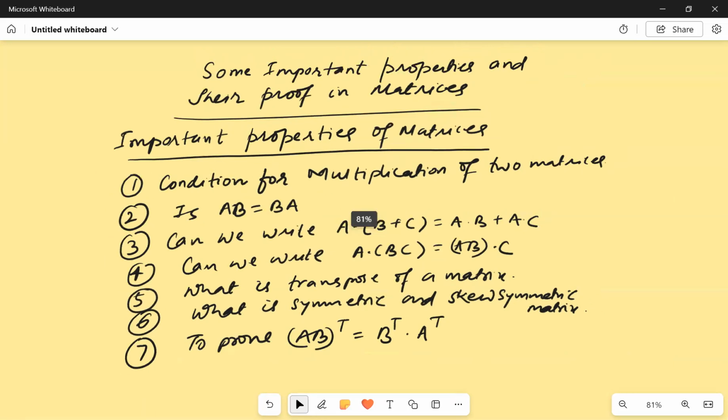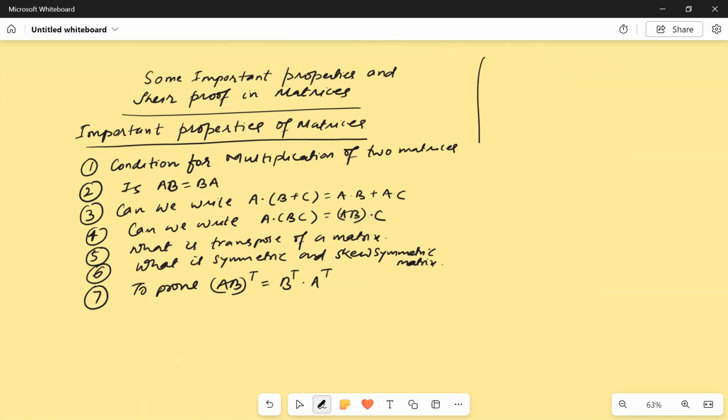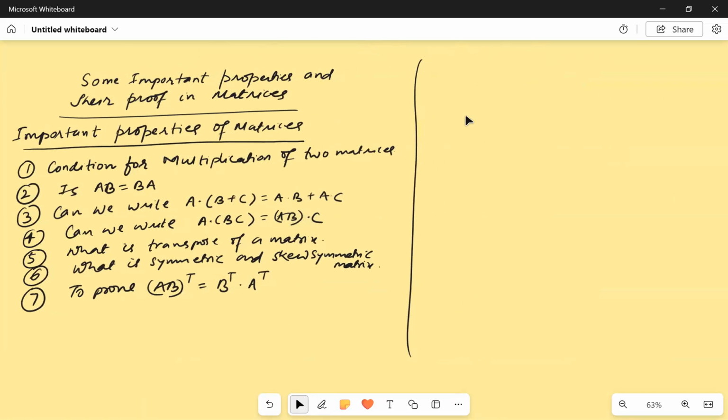So let me start with the first one, the condition. See, matrix multiplication is a little bit different from determinant multiplication. So in matrices, we have to follow a condition. What kind of condition?